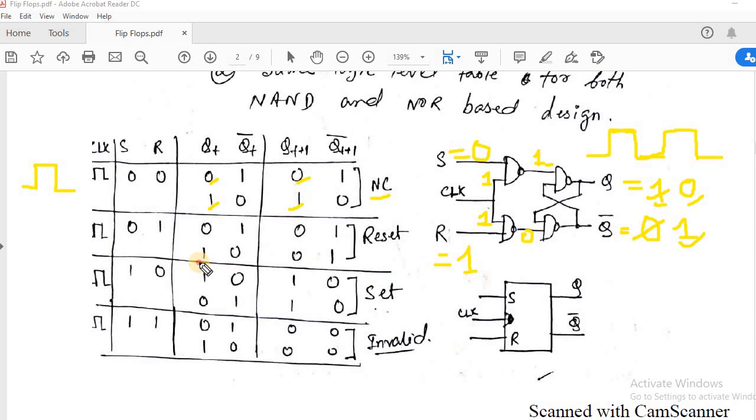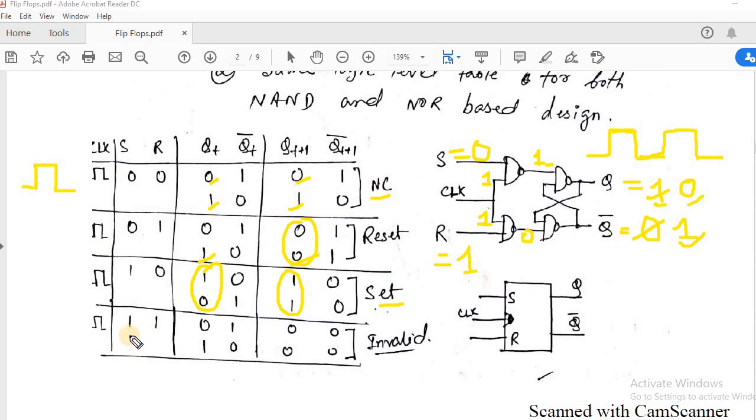That means if Qt is 1, Qt plus 1 is 0. So if I set S equal to 0 and R equal to 1, the output will be a reset. Similarly, if I set S equal to 1 and R equal to 0, whatever the present state of the output, it will be set to 1. That is what is called the set state.